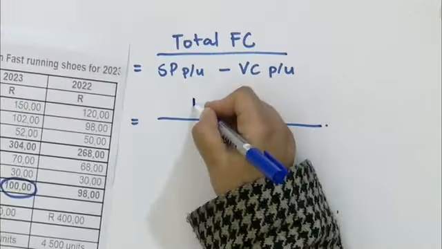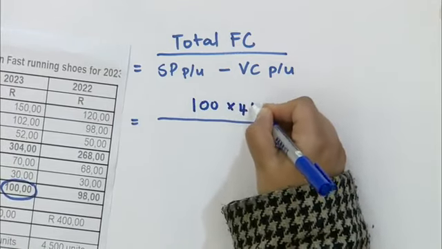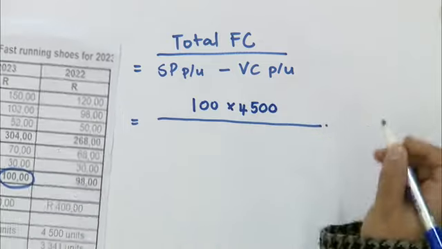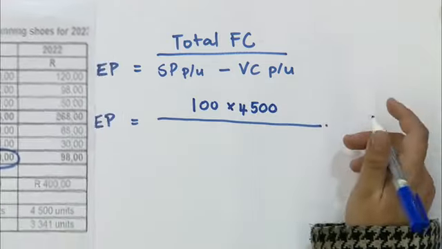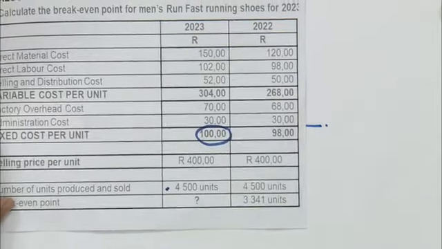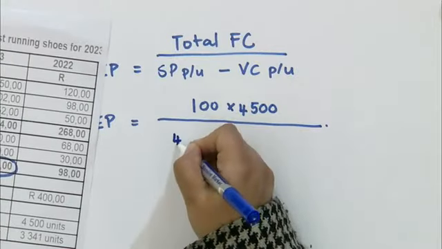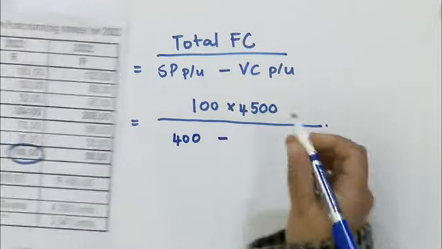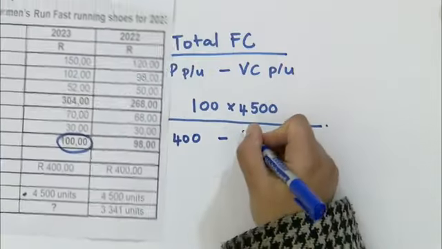So therefore, I'm going to say 100 times 4,500. That will give me my fixed costs, in rands. Then, as they've mentioned, your selling price per unit is 400 Rand minus the variable cost per unit was 304.